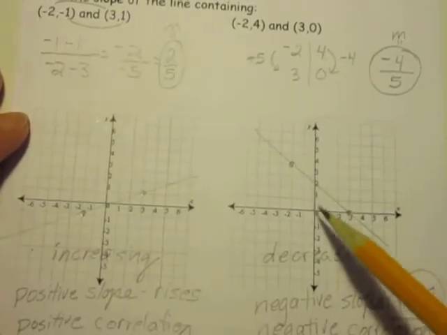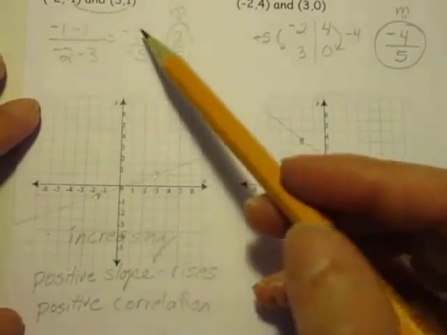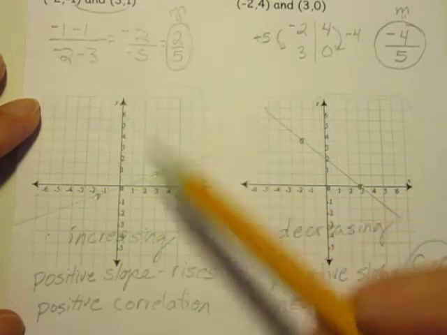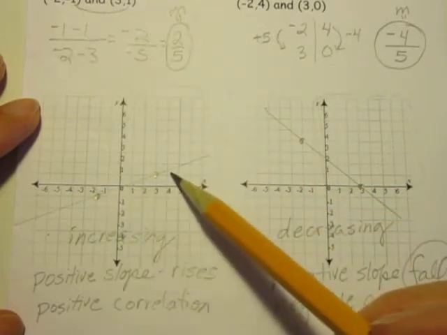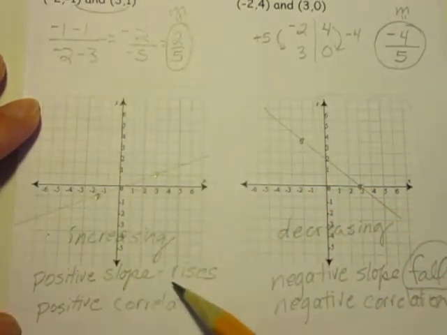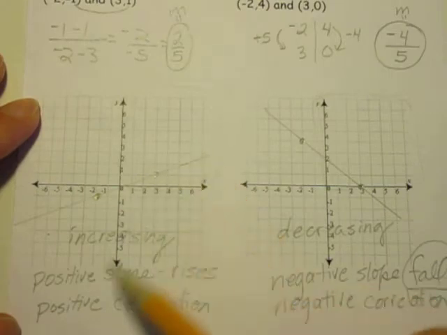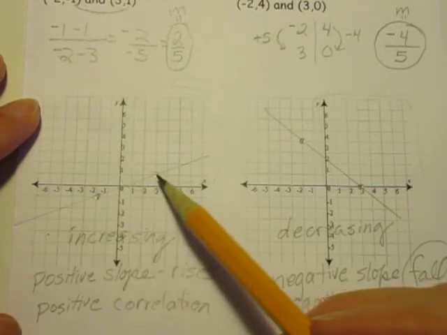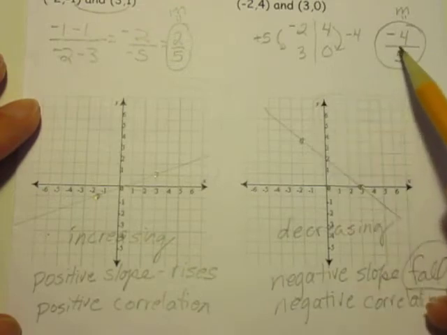And we plotted each of these. We could see this first set, when we had a slope of 2/5, increased going left to right. This had a positive slope. In statistics, a lot of times we call this a positive correlation, that there's a relationship between the x and y coordinates. As x increases, y also increases. Whereas over here, we had a negative slope.